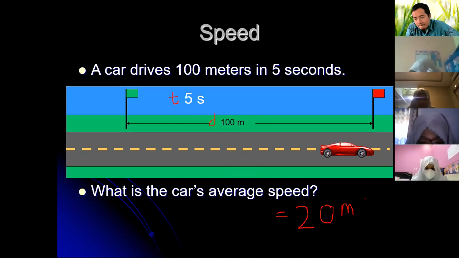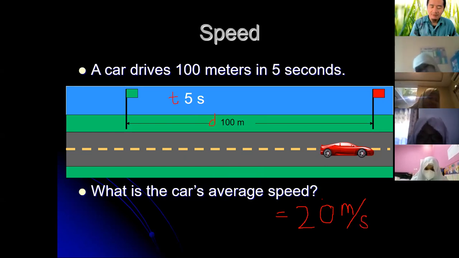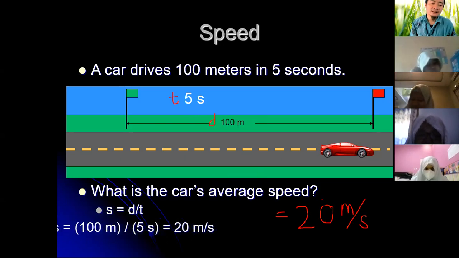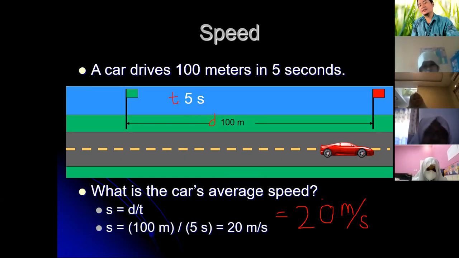Meter? Second? 20 m per s. Ya, meter per second. Very good. Thank you, Mbak Sarah. Okay, this is the answer. And the slide, I think I will give you the slide.